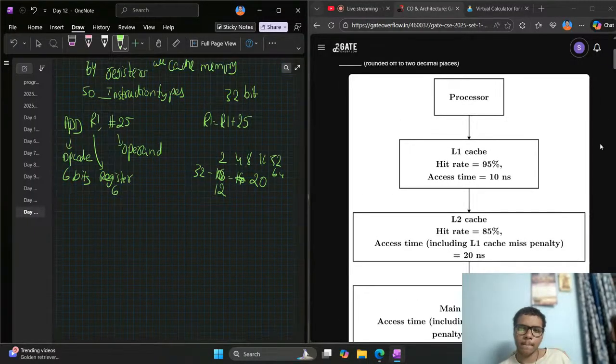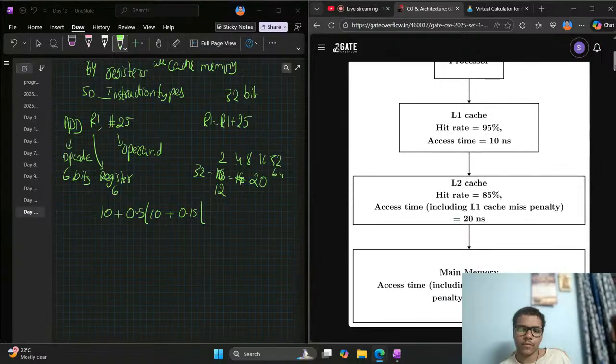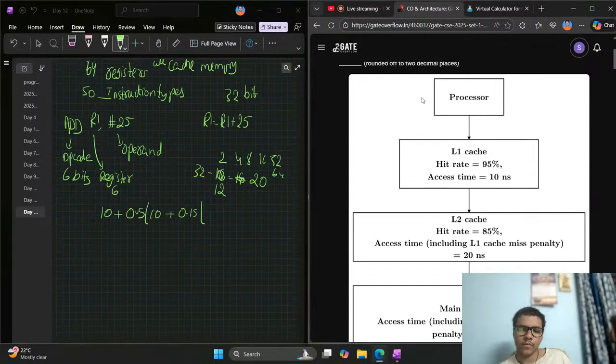So, access time is 10 nanoseconds plus 0.5 into the access time including L1 cache miss penalty. So when cascading, okay. 180.